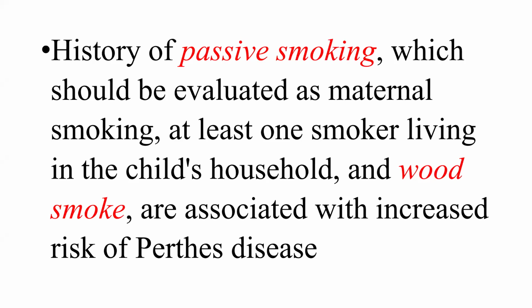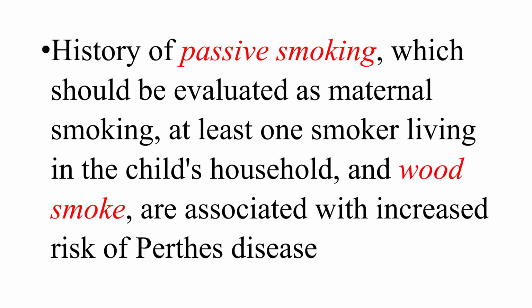As I was mentioning, a history of passive smoking, which should be evaluated as maternal smoking, at least one smoker living in the child's household. So I tell you, you people who are having children who smoke, and this is directed at Khaled: those who smoke and have children around them, we found that there is a higher incidence of Legg-Calve-Perthes disease in these families.